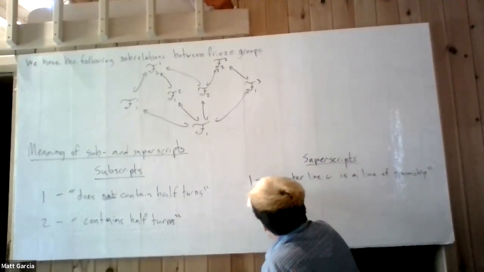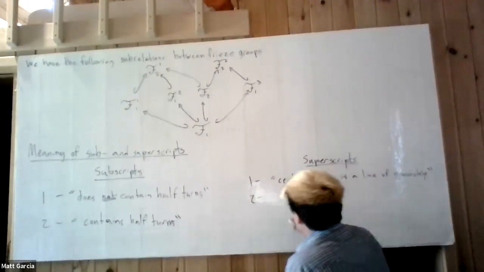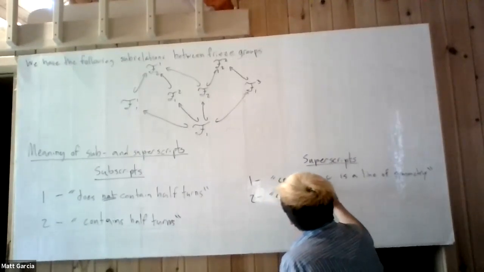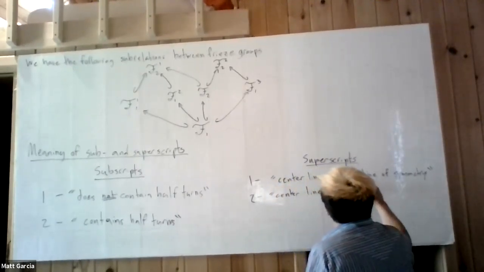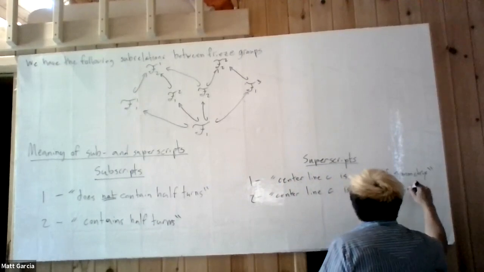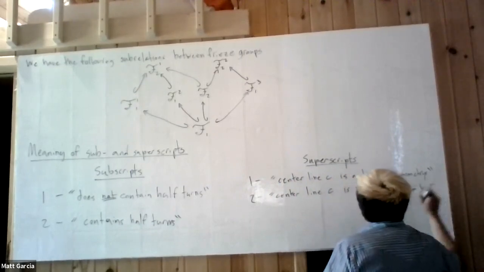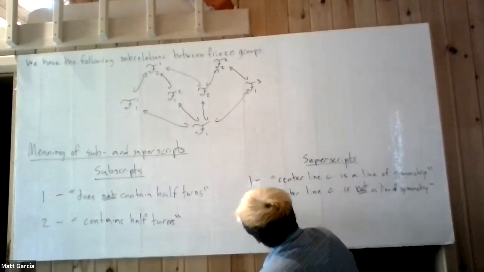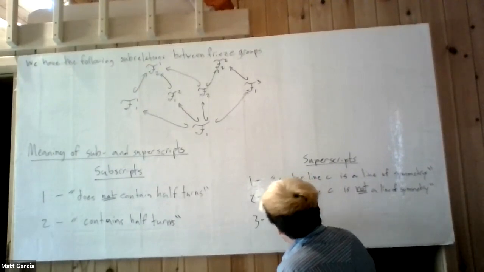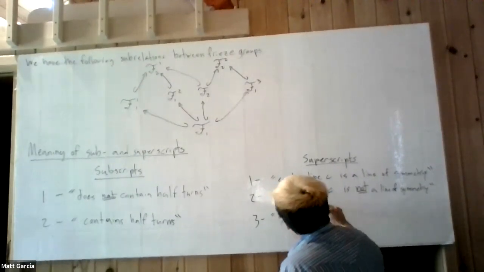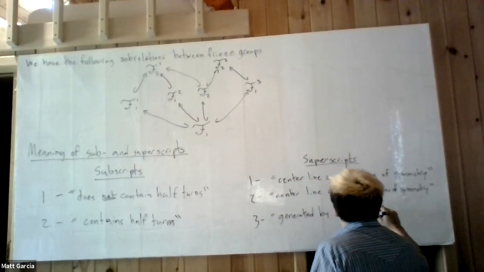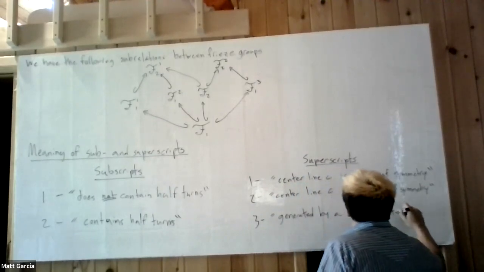Okay, and the superscript 2 means that the center line C is not a line of symmetry. And what does 3 mean? Well, that just means it's the special case and it's generated by a glide reflection only.